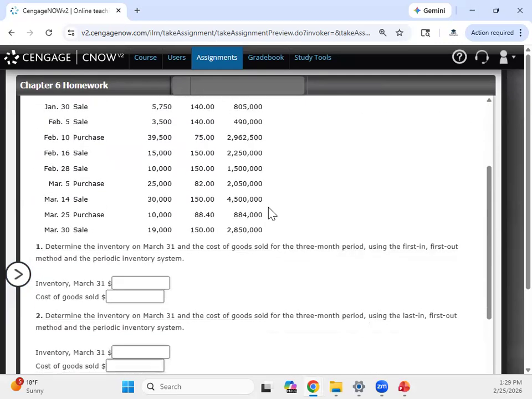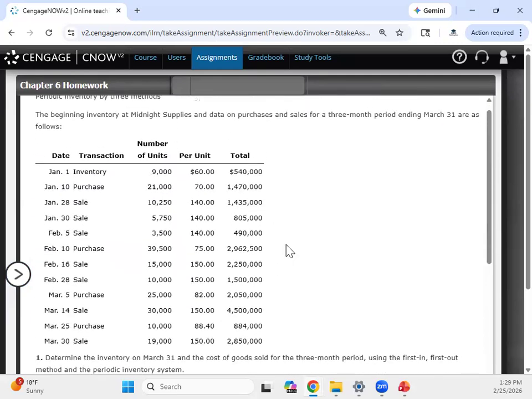First, we're given all these purchases and sales, but we have to determine what the total of all these amounts was on a unit basis. I think it's easiest to bring this up in Excel.